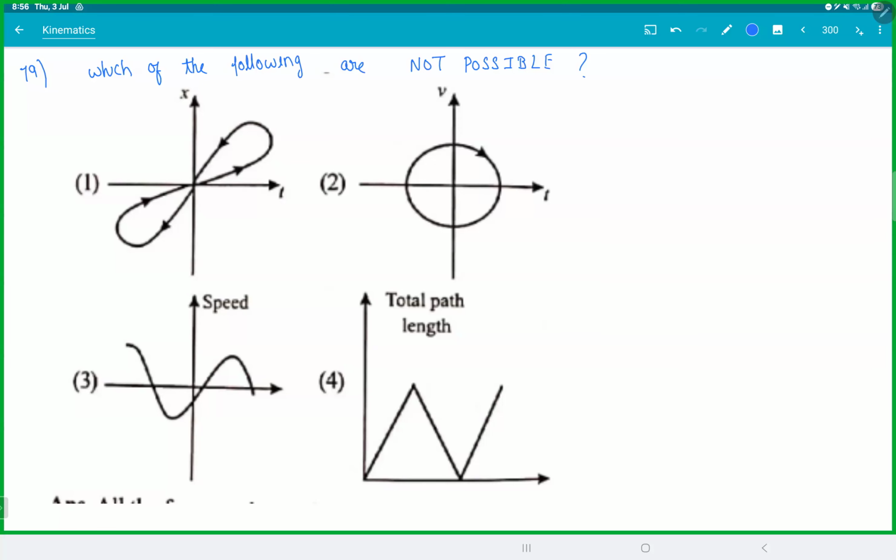Okay, it's a multiple choice question. So what are the third and fourth graphs with? Total path length doesn't matter. Okay, but still if you want, I'll give you time, take it.